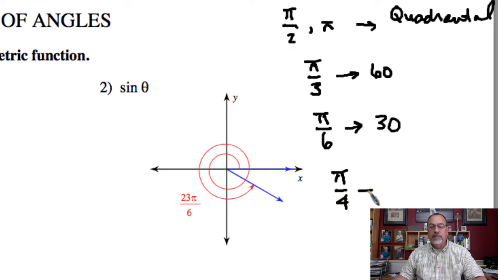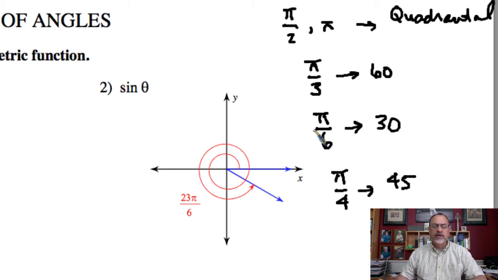And if we have a denominator of 4, it's going to be a 45-degree angle. Once we know what these central angles are, we know what kind of triangle we have, we can then use the relationships of the 30-60-90 and the 45-45-90 to determine the sine and cosine of these angles.